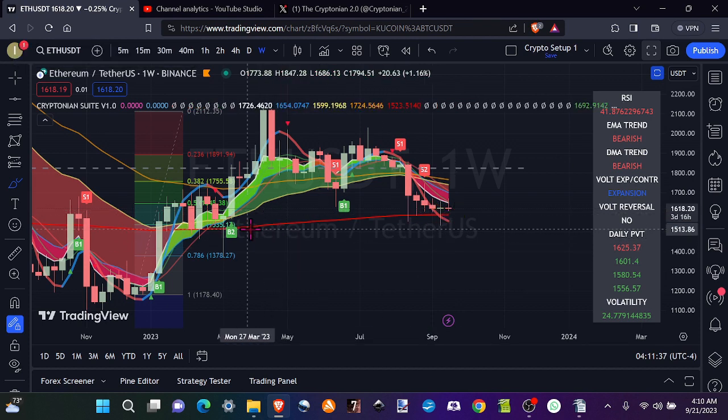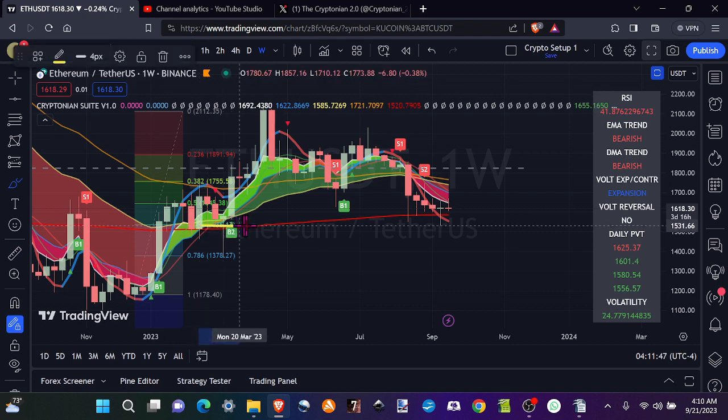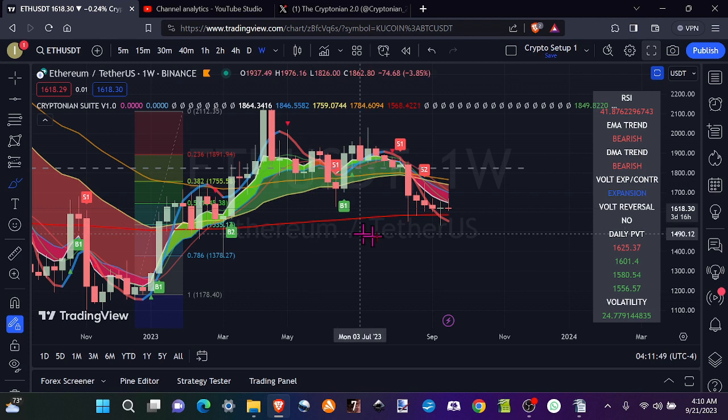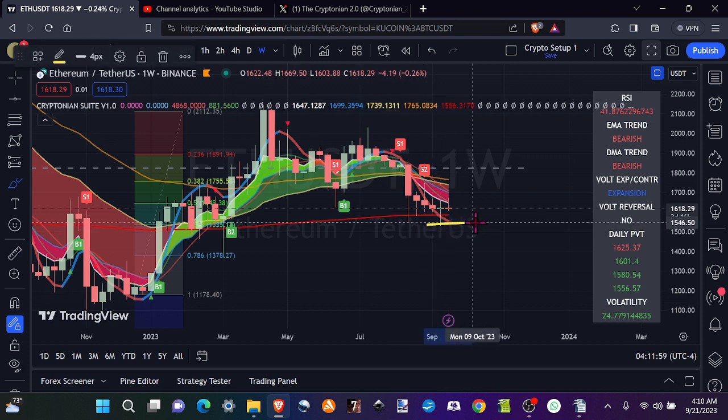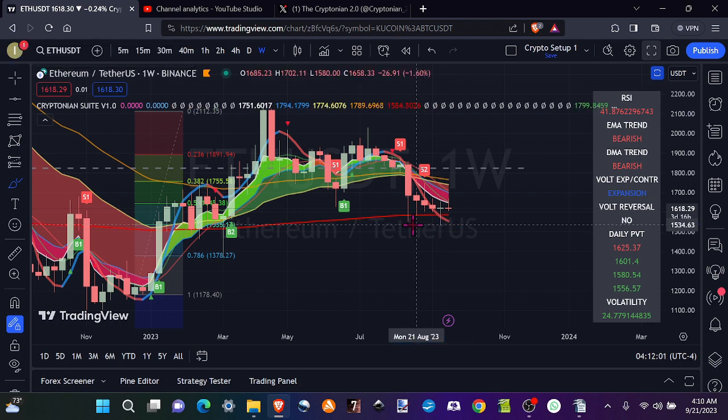Here at this level, right around 1531, that is the golden pocket. And that is exactly where the very end of this candlestick touched, right? That 1534, 1531 area. And that is where the golden pocket is, the 0.618 Fibonacci retracement.